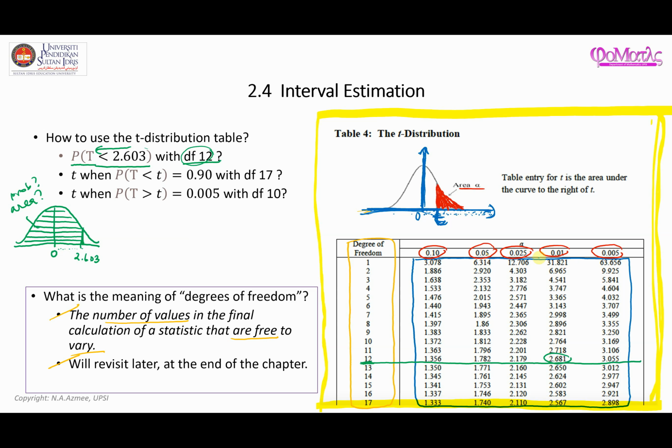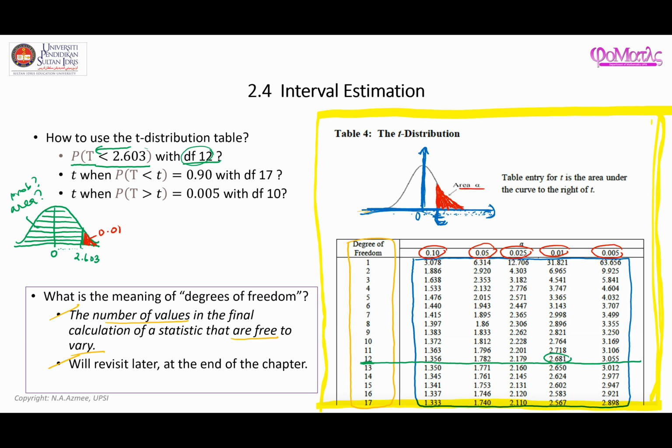And if you refer to the area here, it is 0.01. But notice that the area 0.01 here is referring to this area. For 2.681, the area is 0.01.